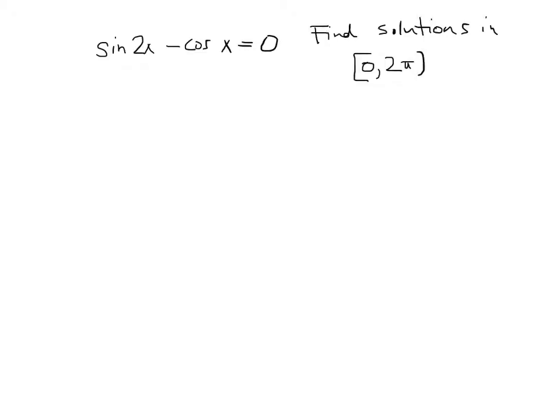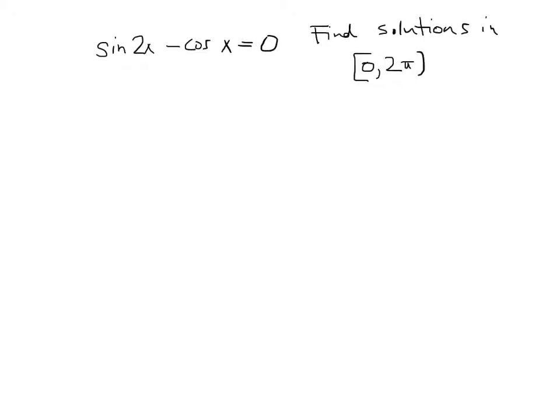So this equation says we want to find solutions in 0 to 2 pi. The first thing to pay attention to is what they're asking for in terms of the answers. The other thing to pay attention to is that I have two different arguments for the trig functions, which necessitates that I use an identity.